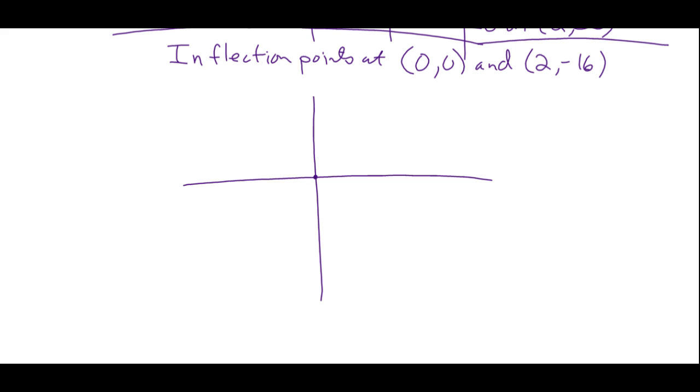All right, so we've got an inflection point here, an inflection point at 2, negative 16. We've got a minimum at 3, negative 27. That's going to go up there. Up. Change it there. So we have inflection points. We're concave up, concave down, concave up.